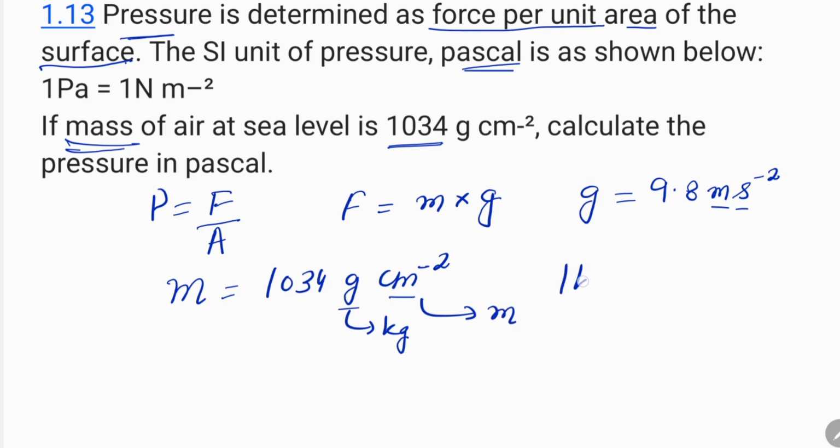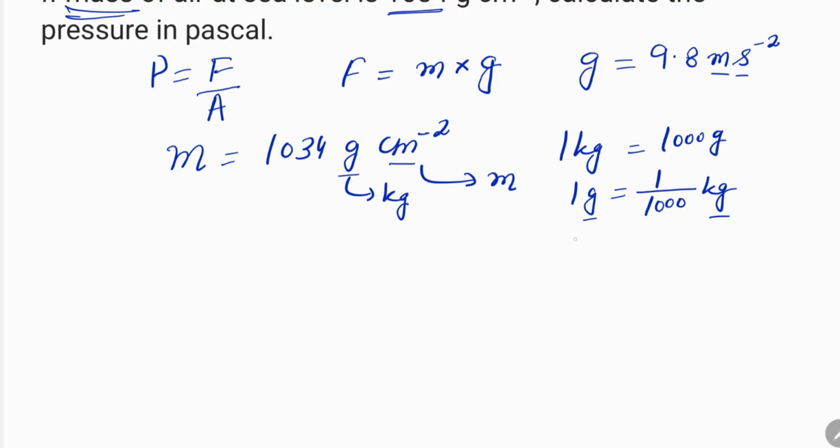We know that 1 kilogram is equal to 1000 grams, or we can also say that 1 gram is equal to 1 divided by 1000 kilograms. We can use this to convert gram into kilogram. And we also know that 1 meter is equal to 100 centimeter, so we can use this to convert centimeter into meters.